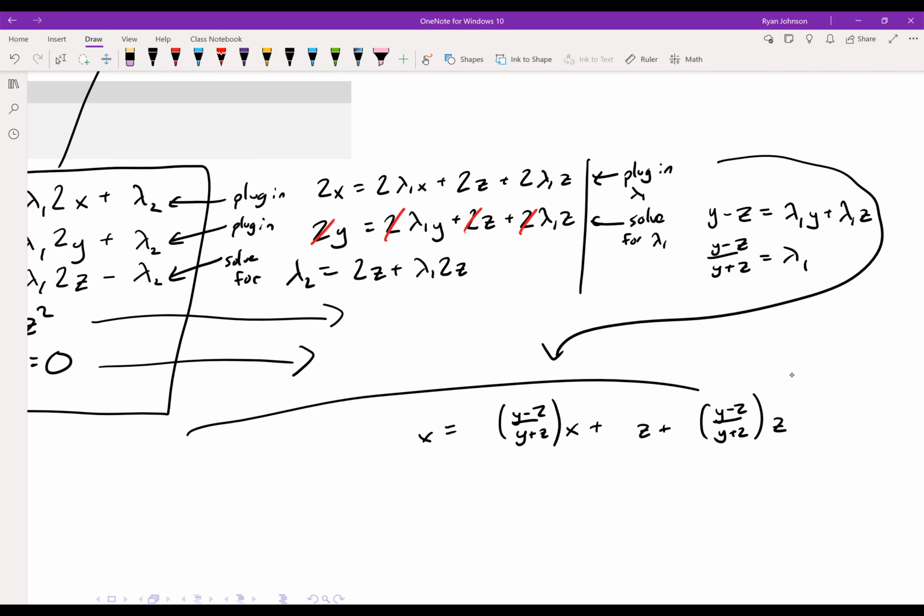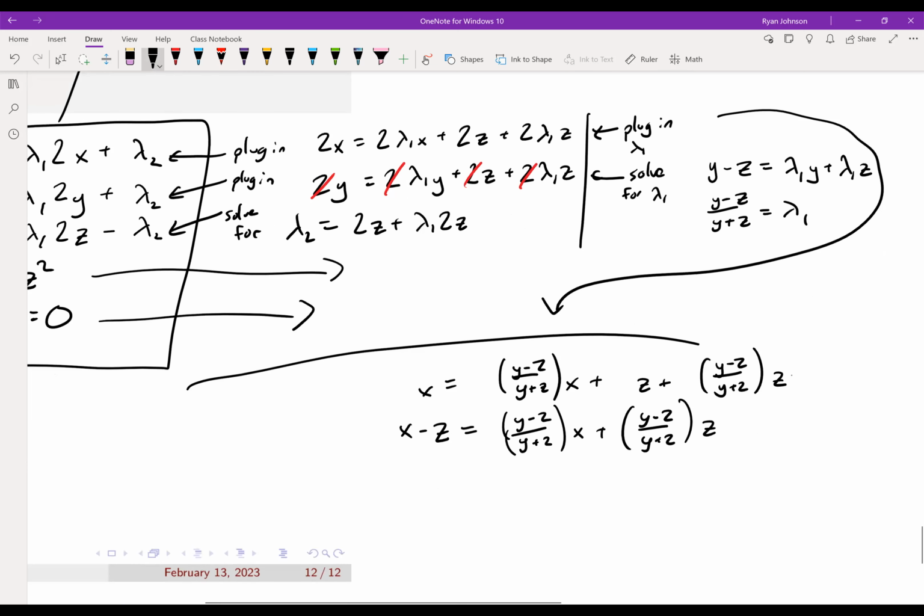So how about subtracting the z over: x minus z equals y minus z over y plus z times x plus y minus z over y plus z times z.